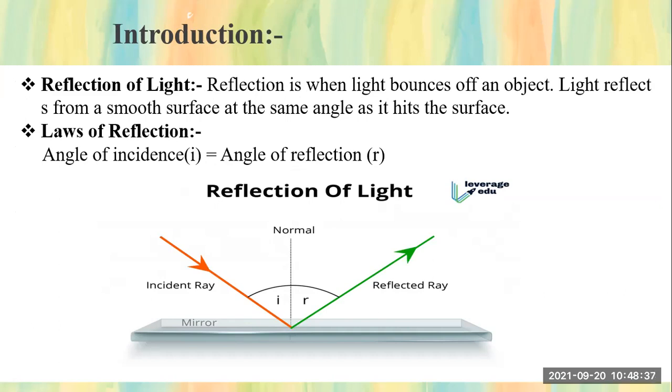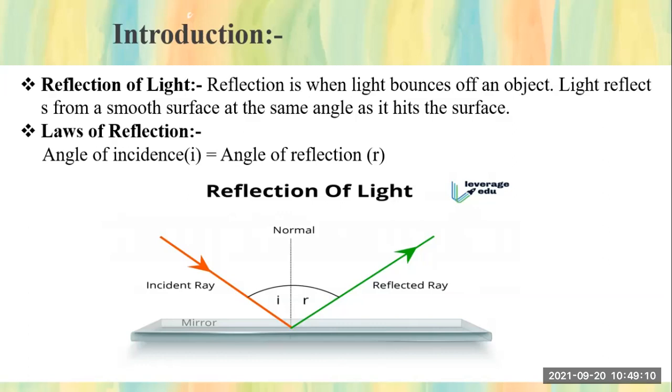See this figure, can you see a plane mirror here, right? This plane mirror has a smooth surface, right? Plane surface. So students, when light is incident on such a smooth surface, it bounces off. And this property of light is known as reflection of light. This is only the definition we want to tell.